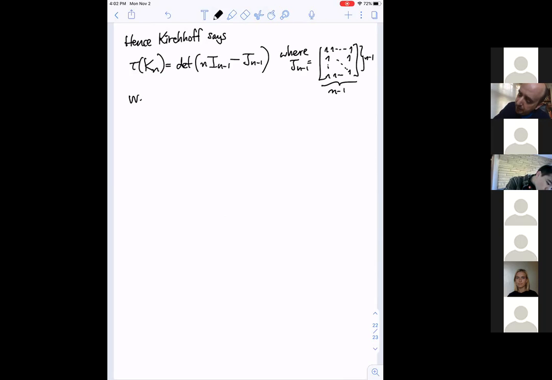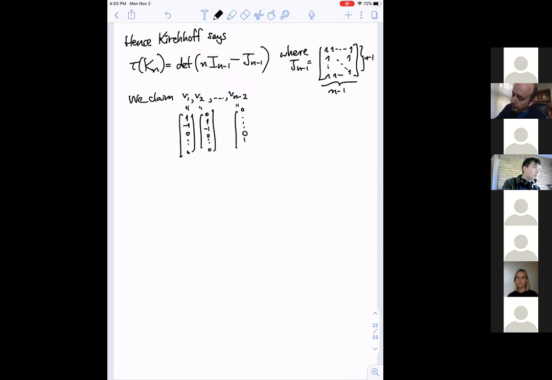So we claim that these vectors, v1, v2, up through v_{n-2}, that look like this: 1, negative 1, 0, 0, 0, 0; 0, 1, negative 1, 0, 0, 0, 0; up to 0, 0, 0, 0, 0, 1, negative 1. All these vectors are of length n minus 1 so that they could be hit by these matrices.